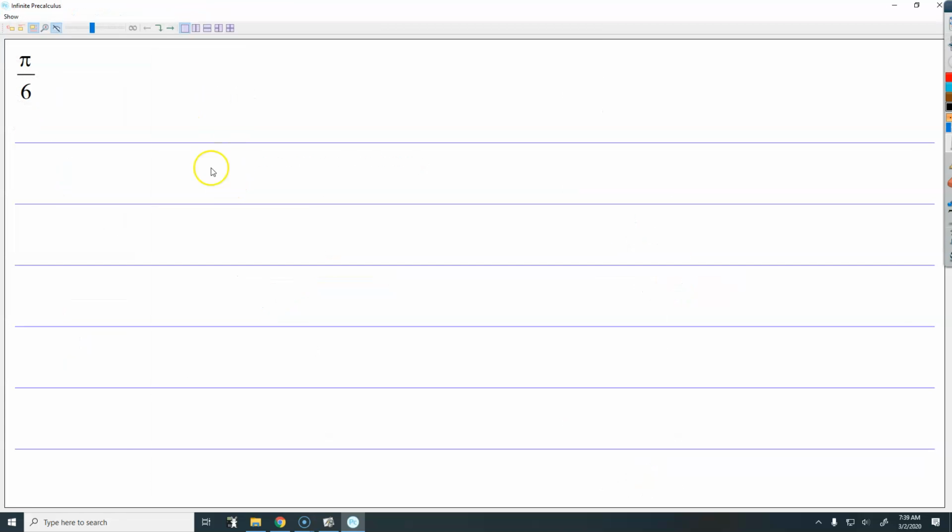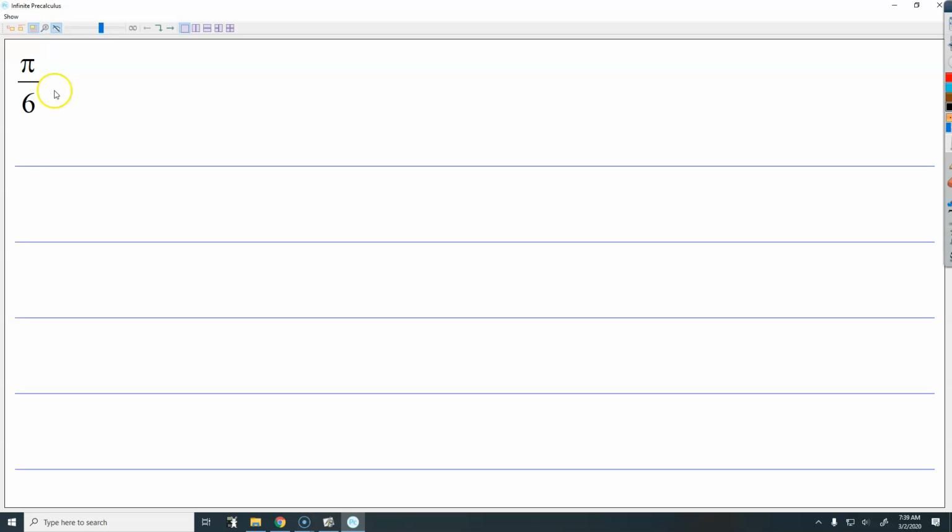Okay, so let's take a look at a problem here. So this is going to be example 1 here. I'll write down the instructions. Oh, here it is.